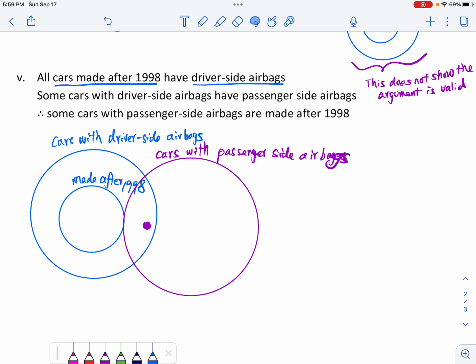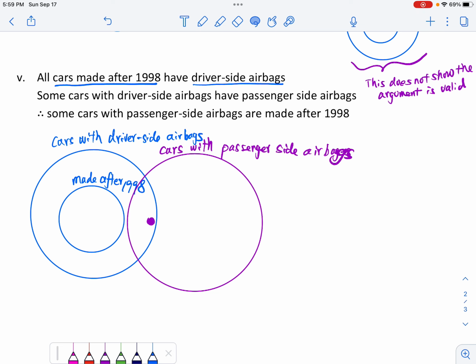So now here, if you see this scenario, you will see that some cars with passenger side airbags are actually not made after 1998. So by looking at that, we can see not valid here, not valid, right? Not valid because it's not inside the cars made after 1998.